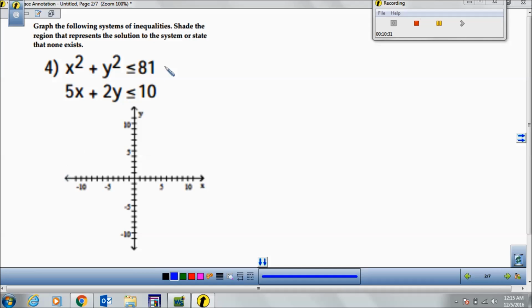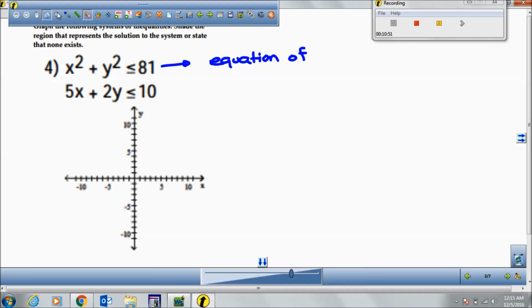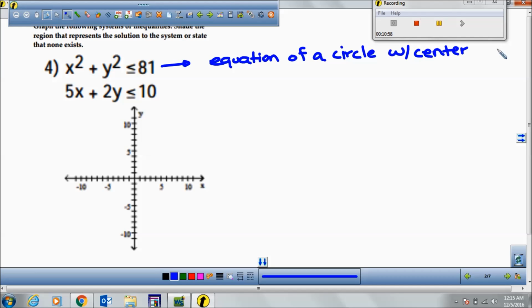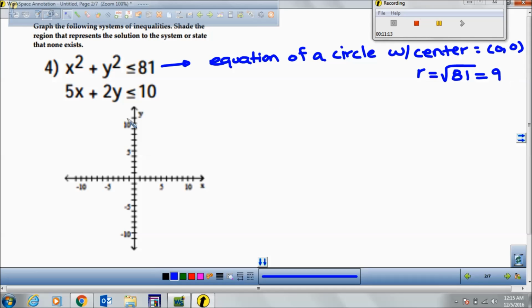So this equation is the equation of a circle with center at 0, 0 and with radius the square root of 81, which is 9.